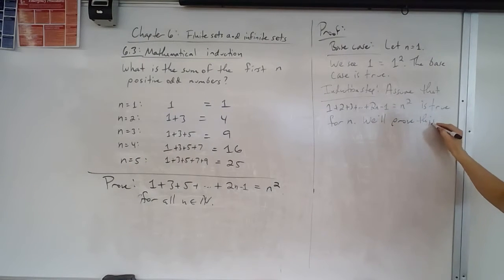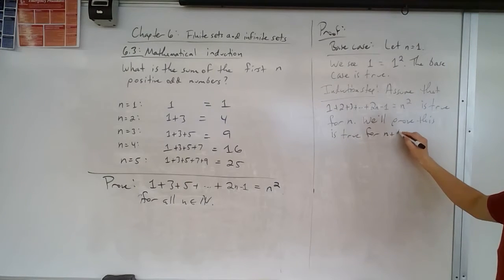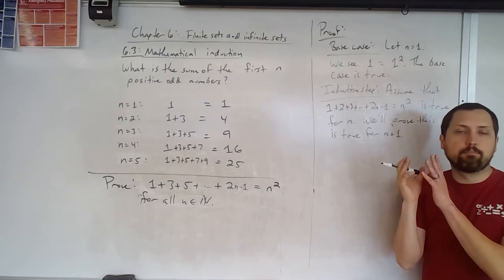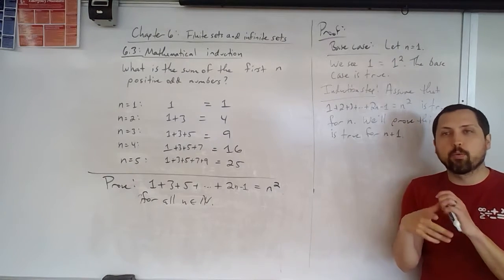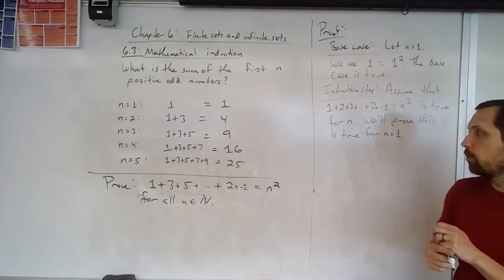We'll prove this is true for n plus 1. So again, this is basically the structure of how we're going to be working with this induction step. We assume it's true for n. We'd like to show it's true for n plus 1.